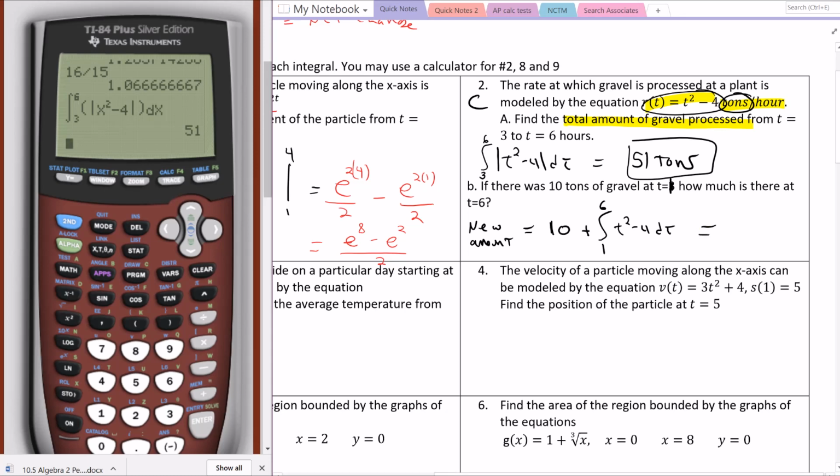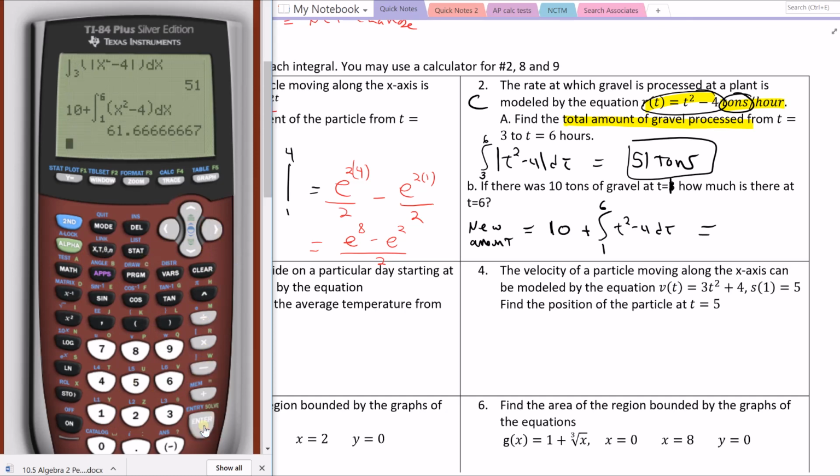And so we're going to put this into our calculator. Again, we'll go through those steps. Math 9, we're going from, actually, let me set it up this way. 10 plus the integral from 1 to 6 of t squared minus 4 dt.